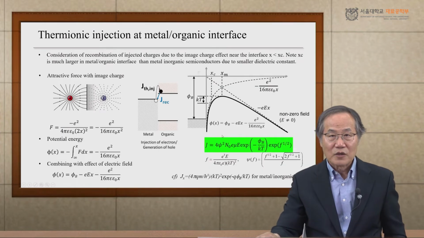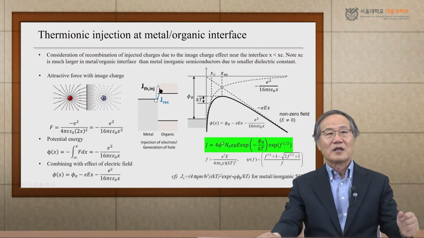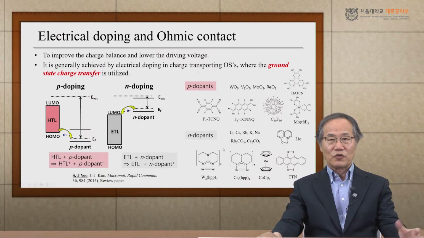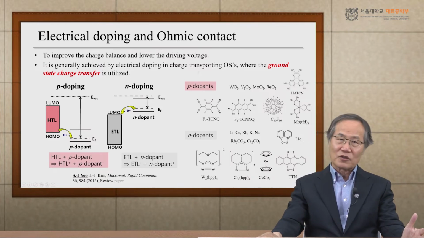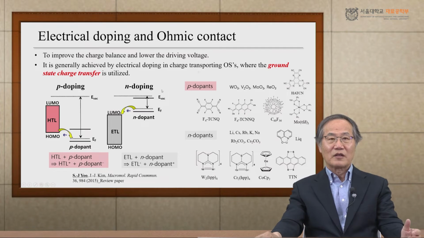Now, I mentioned that SCLC requires ohmic contact. Also, for proper applications, we don't want voltage consumption at the injection. We would like to have ohmic contact. How do we realize ohmic contact? In inorganic semiconductors, that is done by electrical doping, heavy P or N doping.